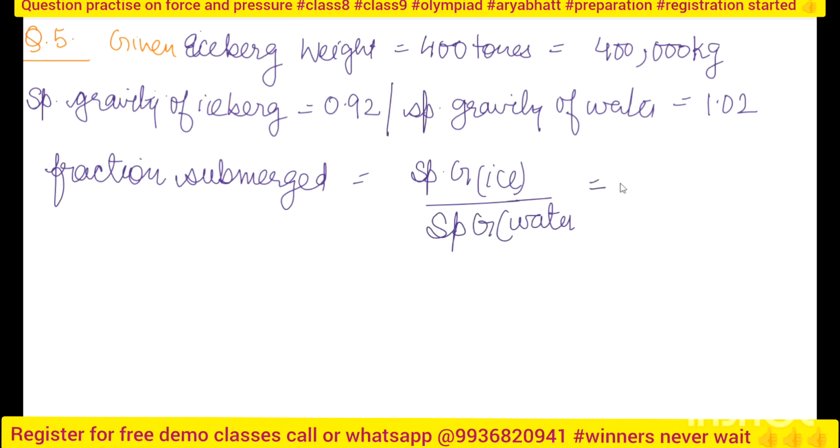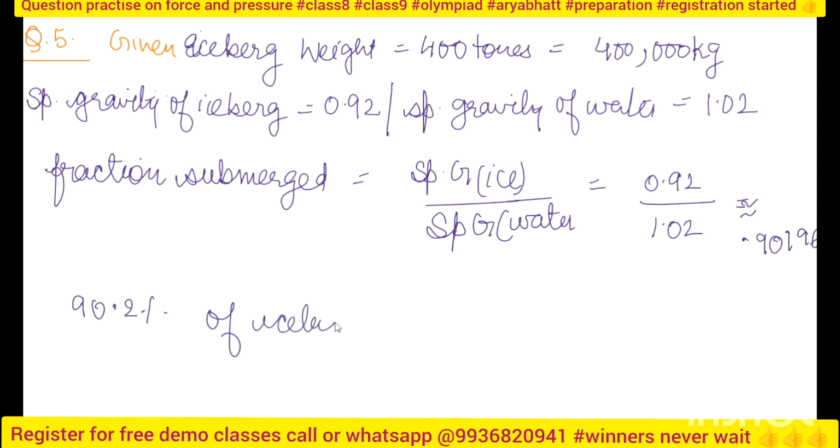This is the formula we used here: 0.92 divided by 1.02, approximately 0.90196. So in percentages, 90.2% of the iceberg is below the water. When you are given the specific gravity, the fraction submerged is the ratio of the specific gravities.